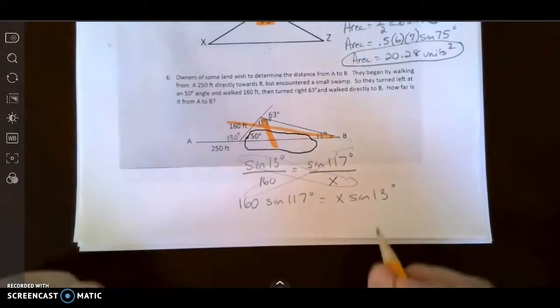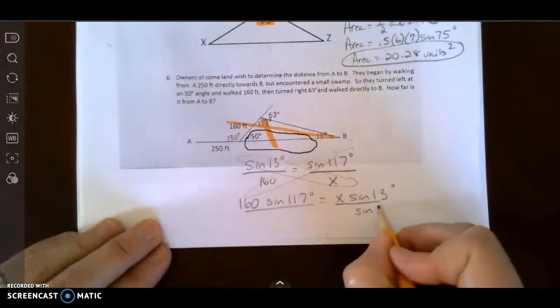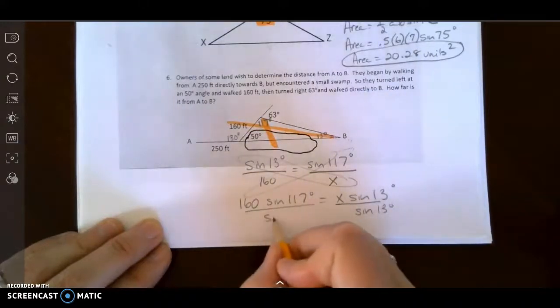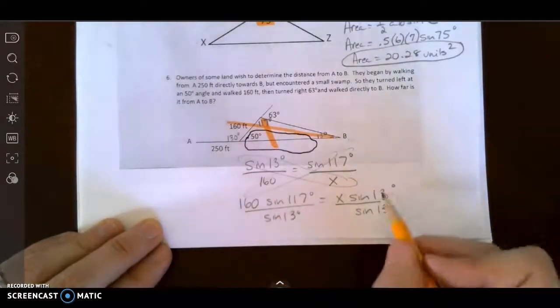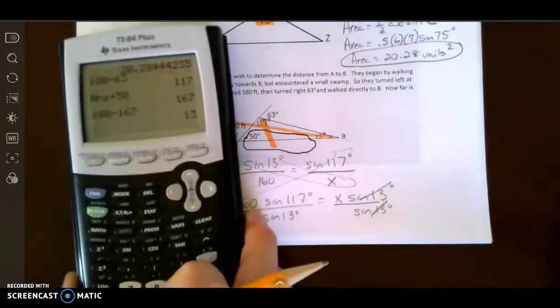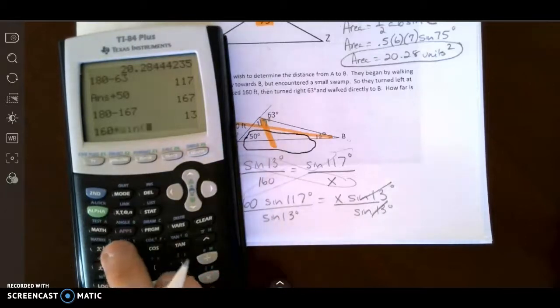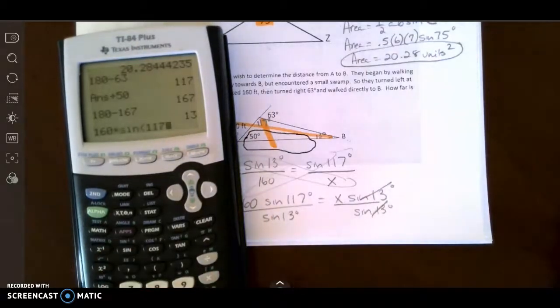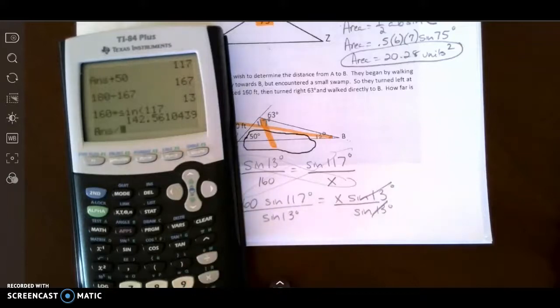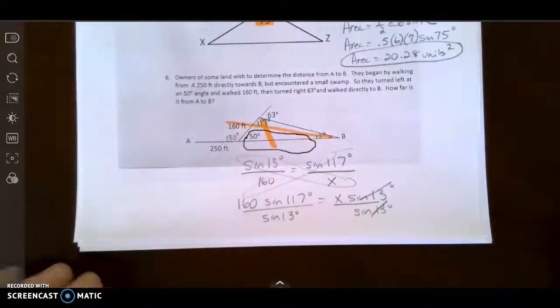Since I'm solving for x, divide both sides by the sine of 13, and I will get my answer for x. So 160 times the sine of 117 divided by the sine of 13, 633.74.